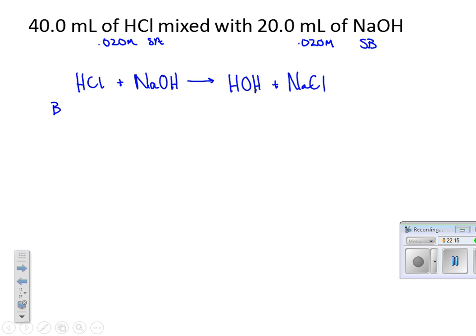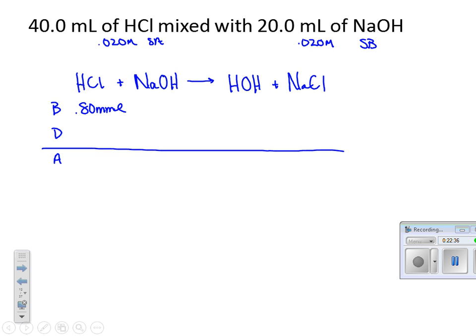So before reaction, during reaction, after reaction. So what we need to do when we have an acid and base actually reacting is see what's left over. See what we have when we're done. So we'll get moles. 40 times 0.02 is 0.8 millimoles of hydrochloric acid.